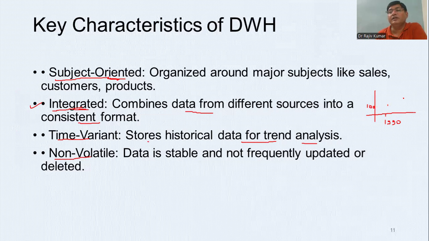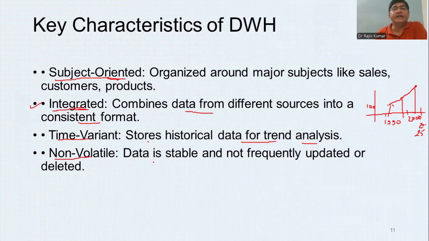Then in 2000, it may be 110. In 2025, it may be this. It shows time-related data. So this is the time-variant feature of data warehousing.